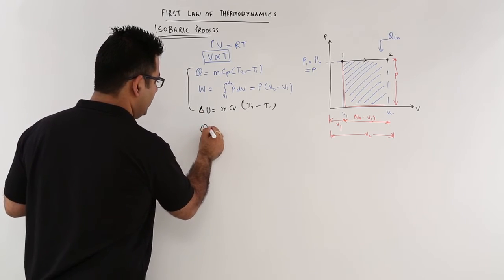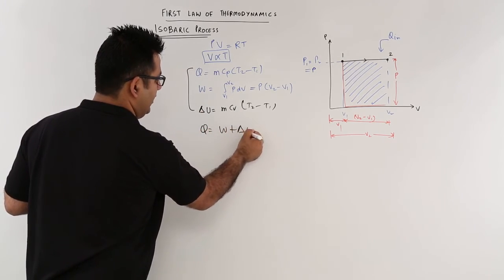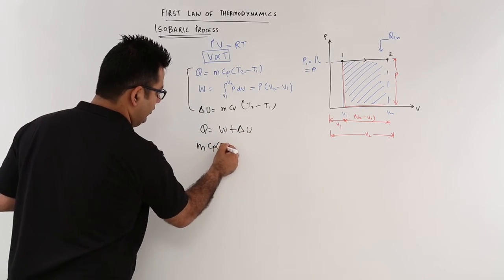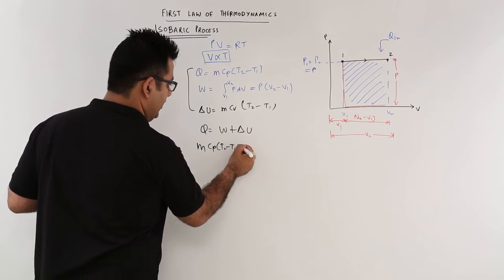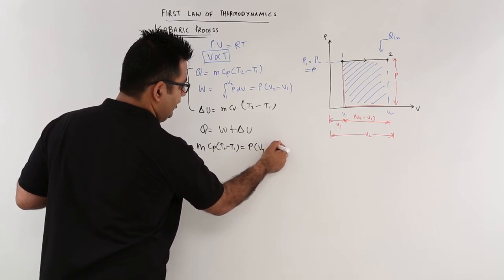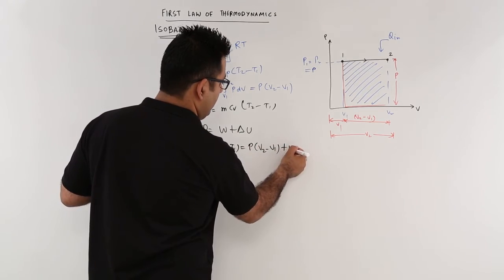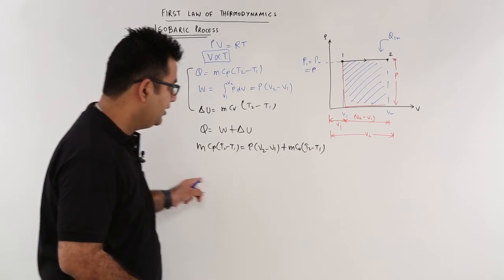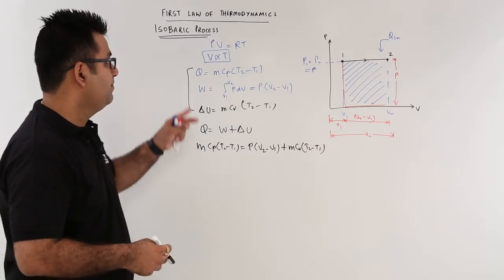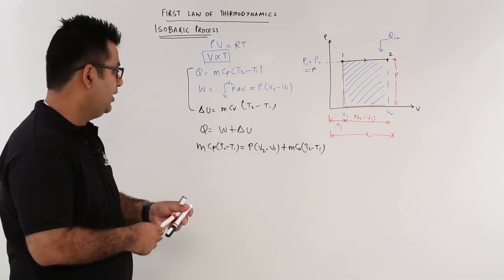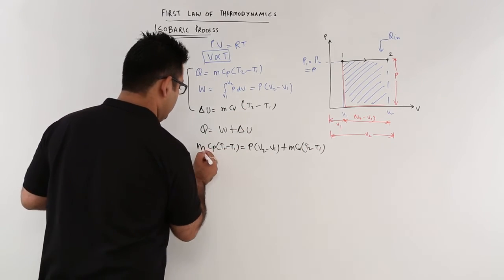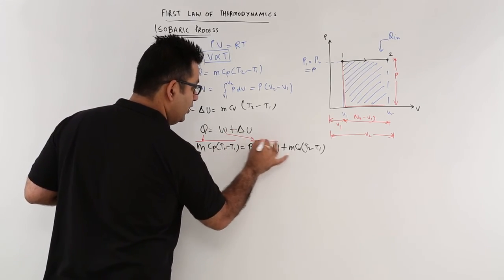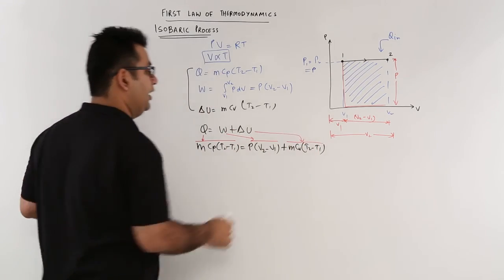So you have Q is equal to W plus delta U. So this becomes m into Cp into T2 minus T1 is equal to pressure into V2 minus V1 plus m into Cv into T2 minus T1. So this is the mathematical relation for the isobaric process and the application of first law on this process. So this is Q, this is W, and this is delta U.